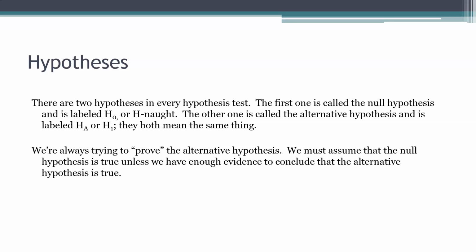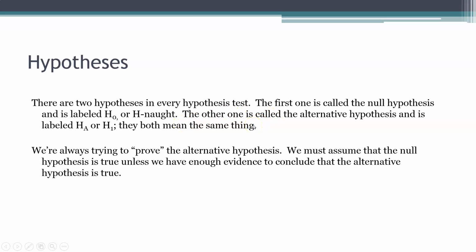So for every hypothesis test, there's two hypotheses. The first one is the null hypothesis, and it's labeled H with a 0. That's not a letter O, that's a 0. And we read that as H naught. Okay, it's not as in nothing. It's all for naught.